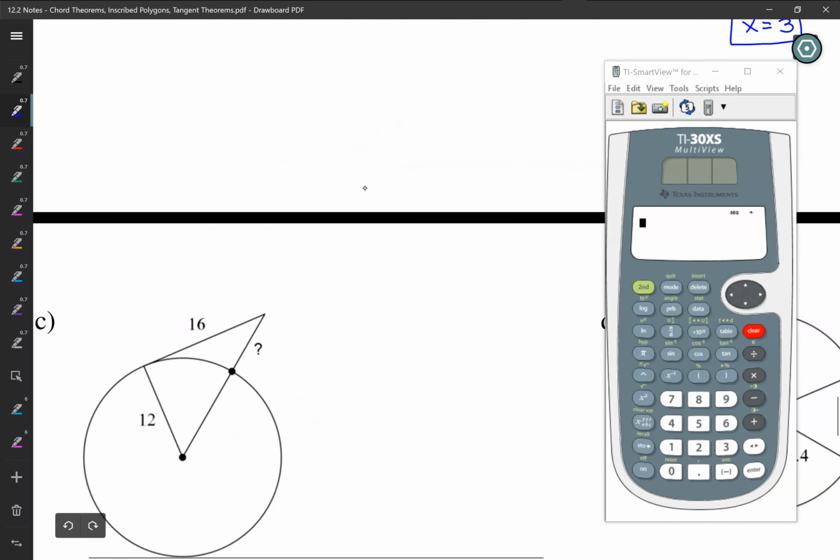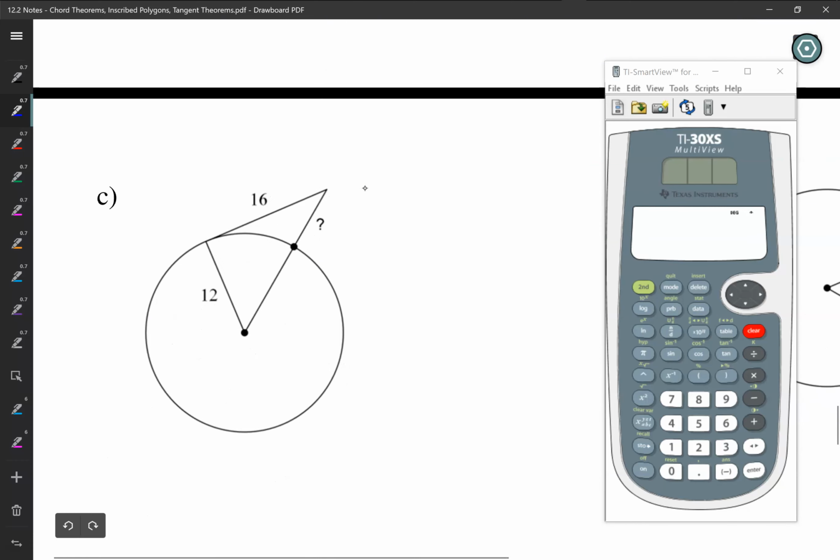Here's another example. Now what I want here, I don't want the entire side. I just want this piece. But if I use the Pythagorean theorem, my right angle would be right here. The 16 would be the tangent segment and the 12 is the radius.